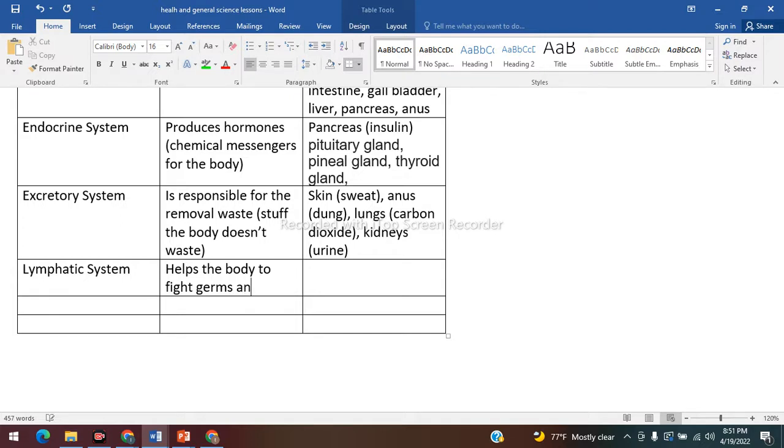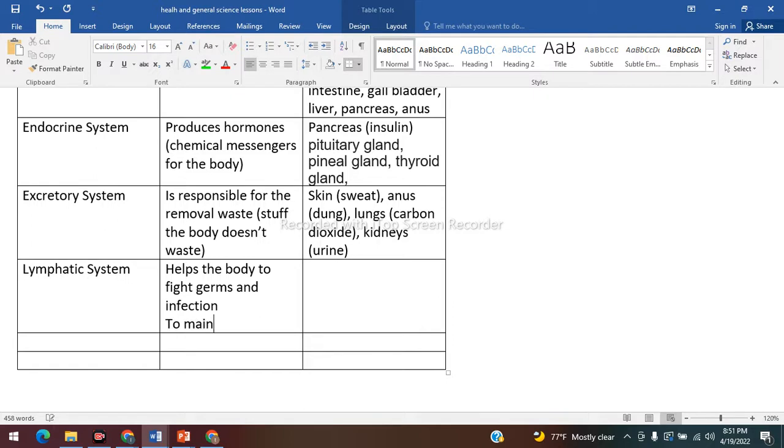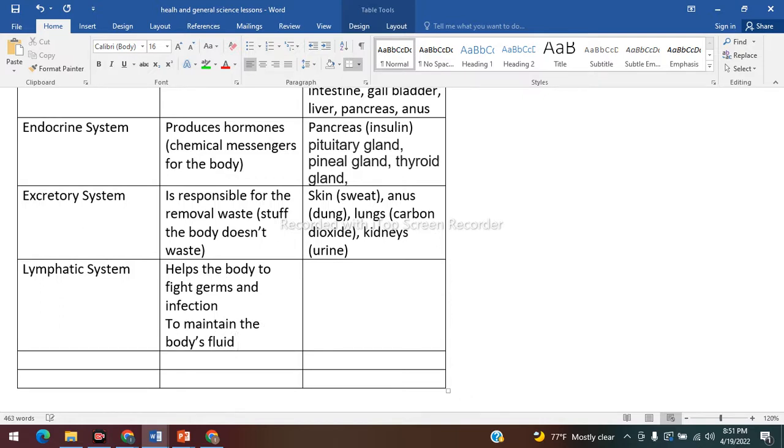But it is also important to maintain the body's fluid balance. In this system you have the lymph, the lymph nodes, and the white blood cells. These are the components of the lymphatic system.